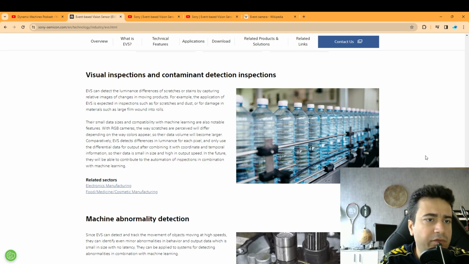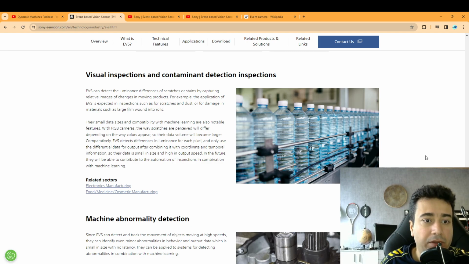It can also be used for visual inspection, basically contamination detection and inspection. This is another field that can be applied if the material has changed or if there is any damage.